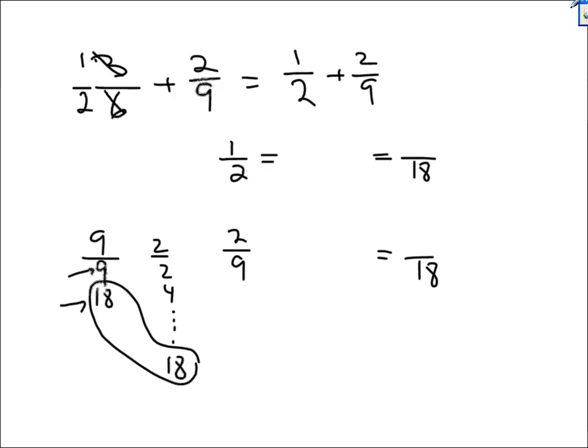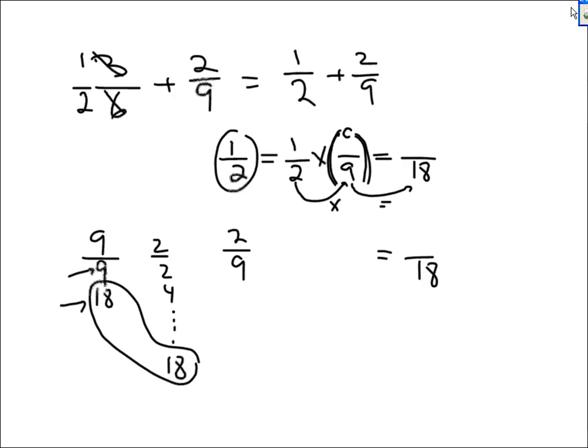I want it to have 18. If you want to change the way something looks, you take that something and you multiply it by good old 1. And 2 times 9 equals 18. Don't look anywhere but what's in these parentheses. If that's going to equal 1, whatever you have at the bottom, you put on top. Don't look elsewhere.